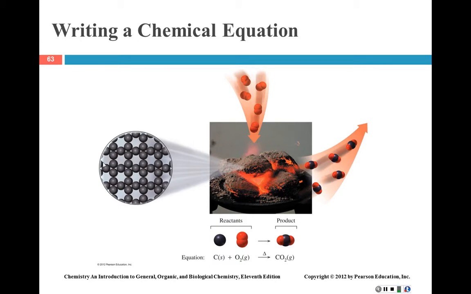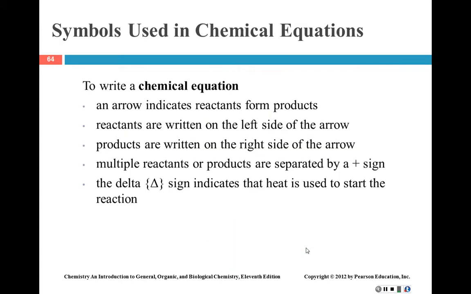When we look at these chemical changes, we can write them in such a way that scientists will understand what actually was going on. So we use a chemical equation to do that. In a chemical equation, an arrow indicates reactants on the left and products on the right.